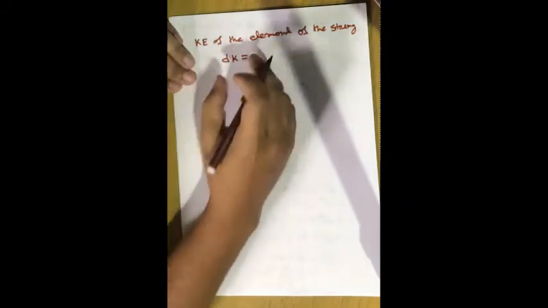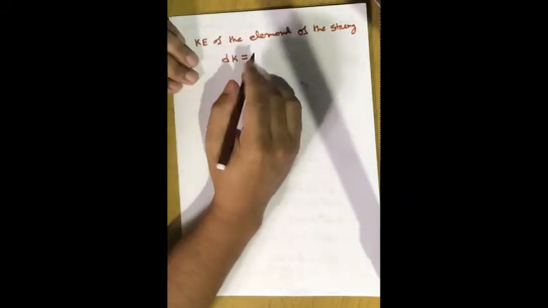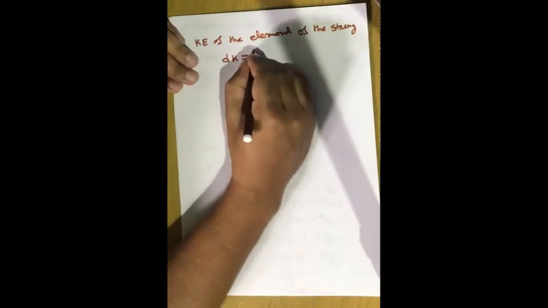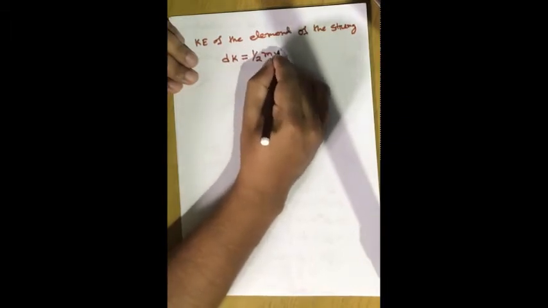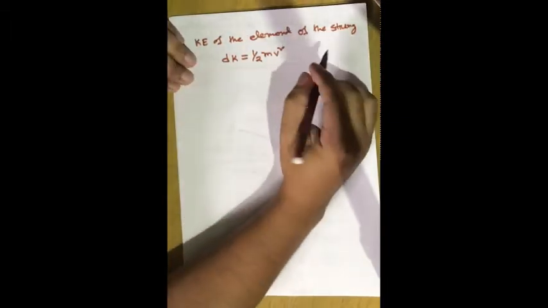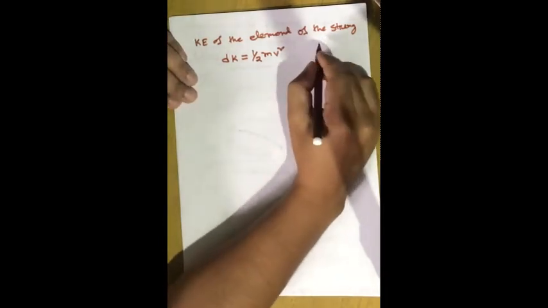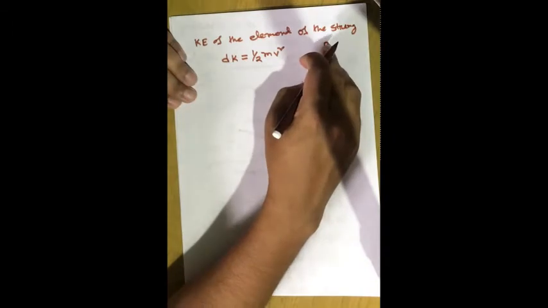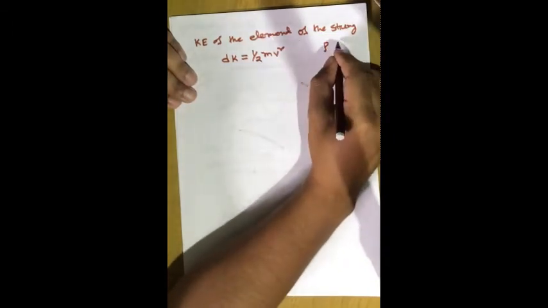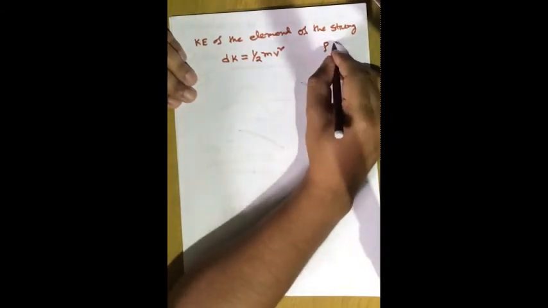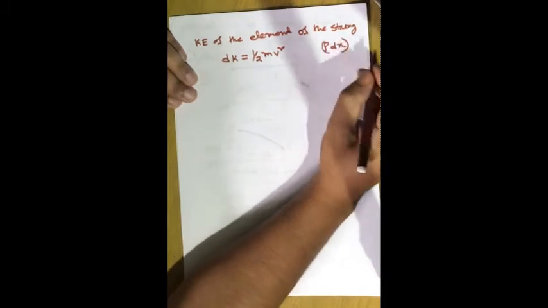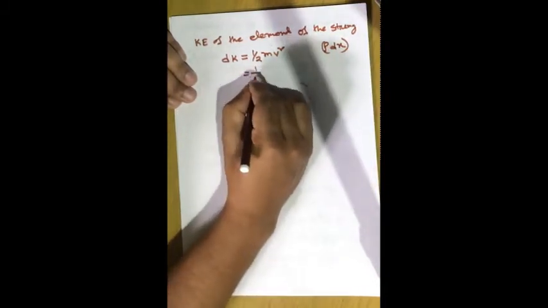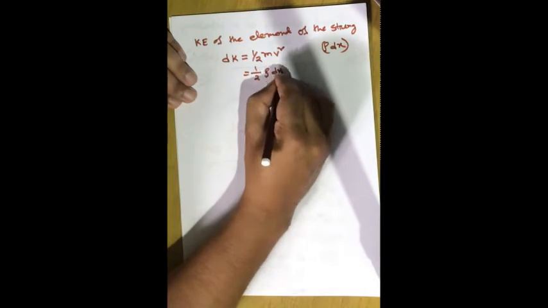Say this is dK, because it is a very small kinetic energy. dK is equal to half into m into v square. Let's consider the mass per unit length of the string element is rho. We are considering a dx element of the string, therefore its total mass will be rho into dx. So half rho into dx.